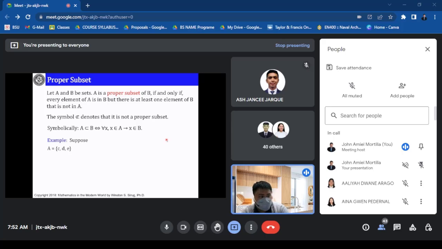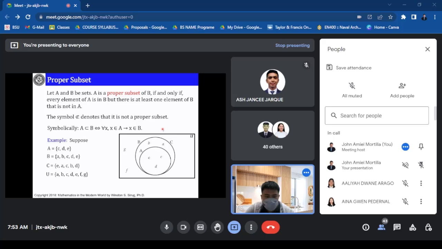Example, suppose A is equal to CDE, B is ABCDE, and C is EACBD, and U is ABCDEFG. So we can see that A is a subset of B, and a subset of C as well. If at least one element of B is not in A, then it is a proper subset.